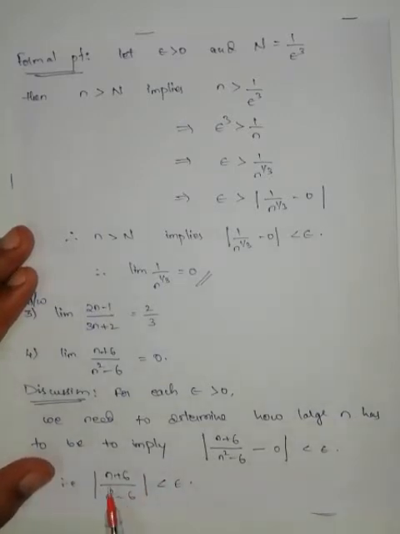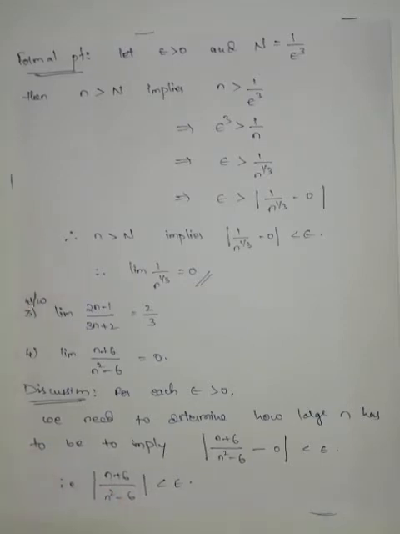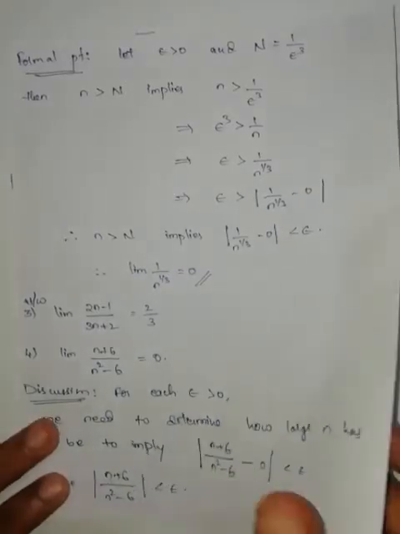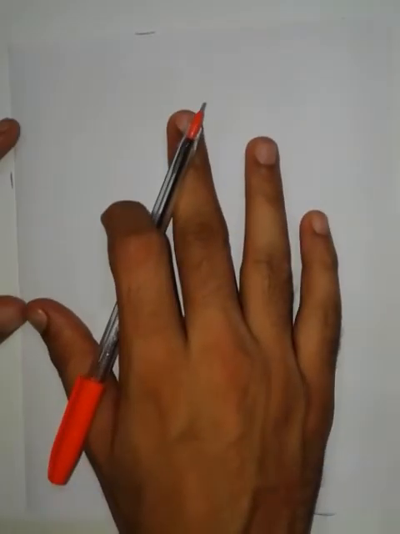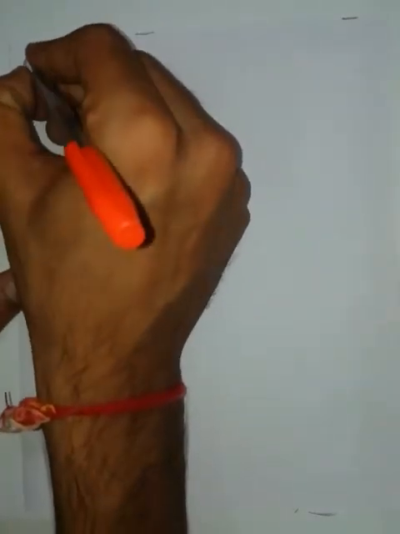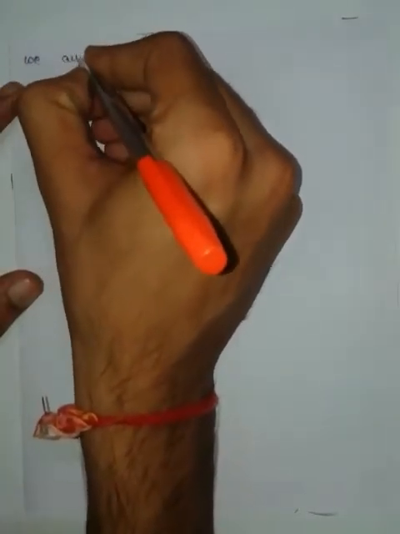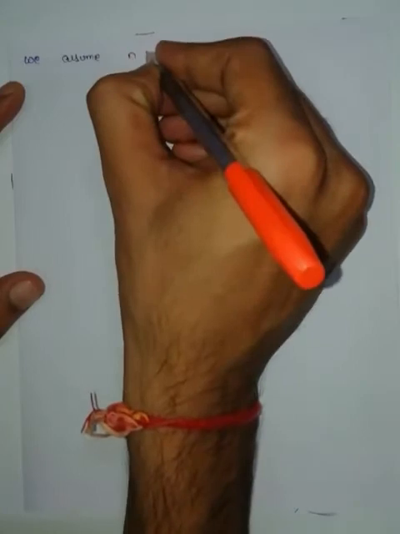Now the numerator is always positive for all n, but the denominator, if I take n equal to 1, becomes negative. If I take n equal to 2, the denominator becomes again negative. If I take n equal to 3, then the denominator becomes positive. So we assume n is strictly greater than 2.